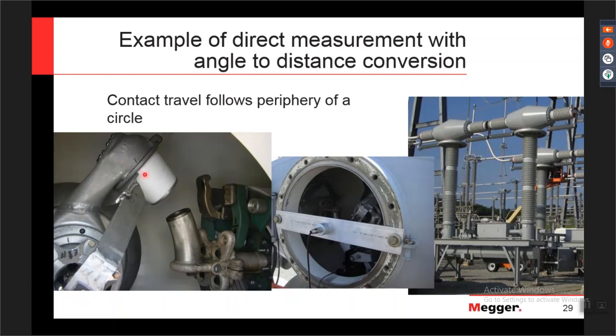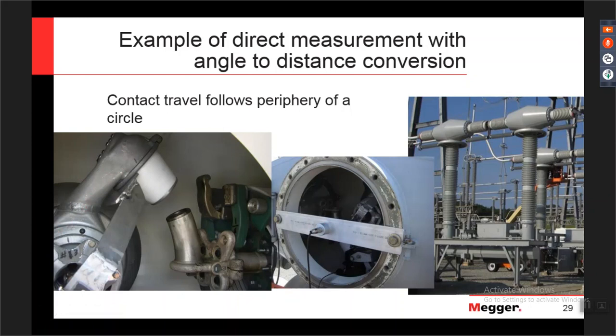You can see only one of them in this picture, and it's the same on the other side. The movement is a rotary movement. You put the transducer in the middle here, and the main contact is making a rotary movement, so it follows this periphery of the circle.